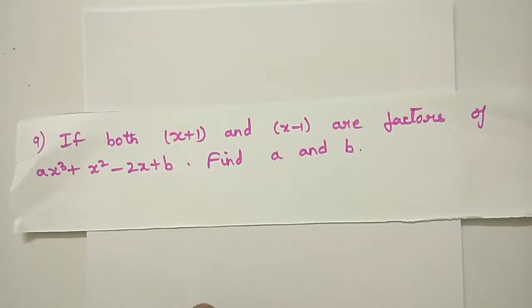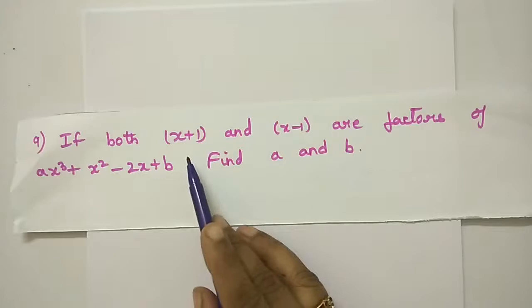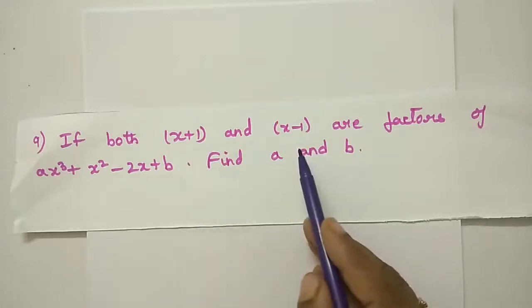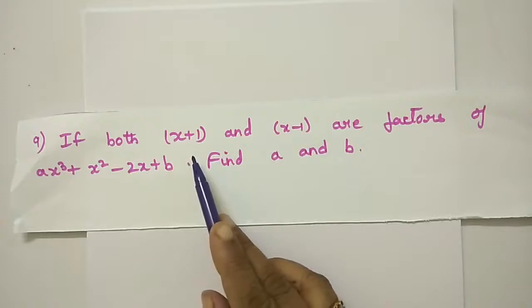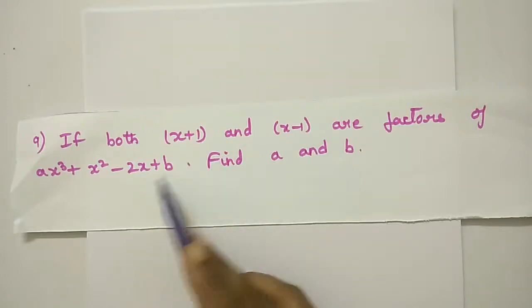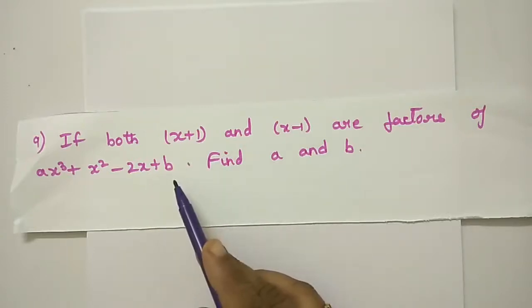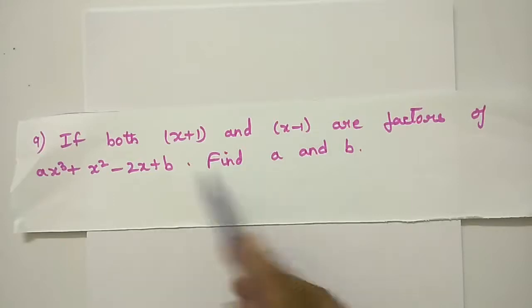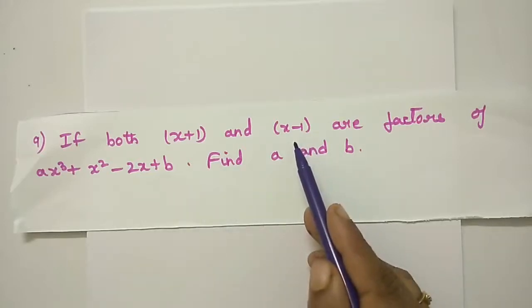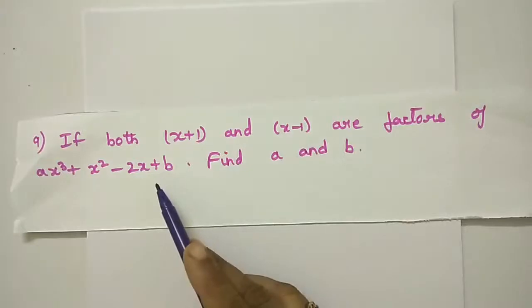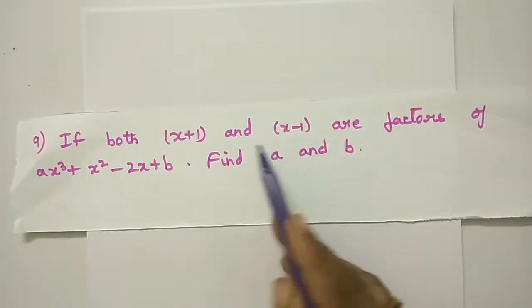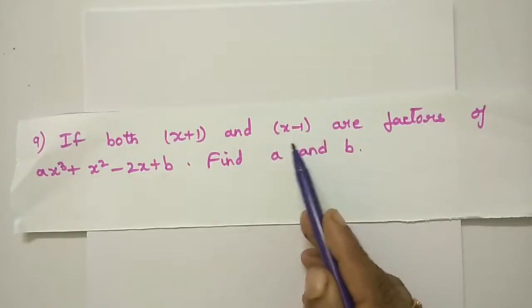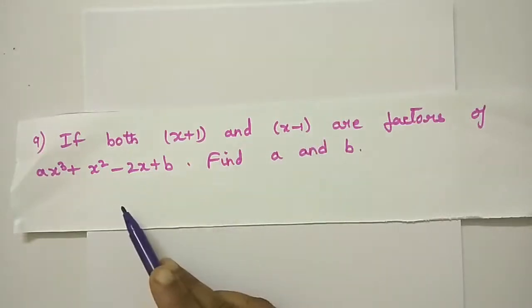By factor theorem, if you observe, this is a linear polynomial, this is also a linear polynomial. So if this is a factor of this polynomial means p of 1 should be 0. Is it not, by factor theorem? Similarly, this is a linear polynomial. If this is the factor of this polynomial, means by factor theorem p of 1 is 0.